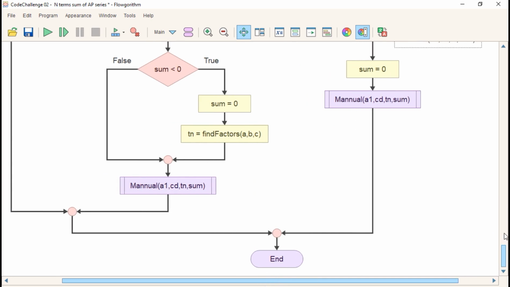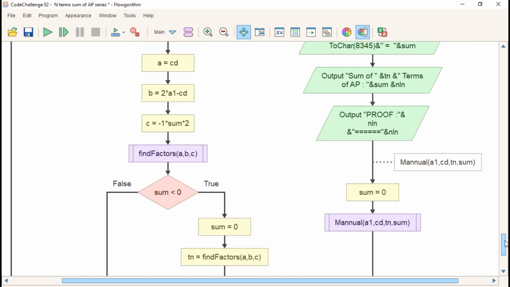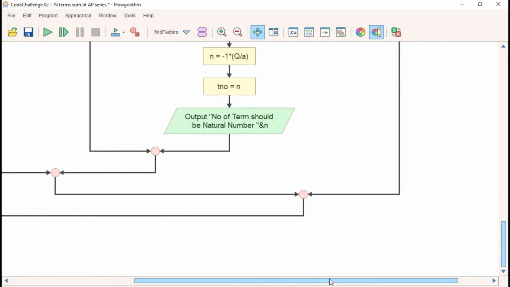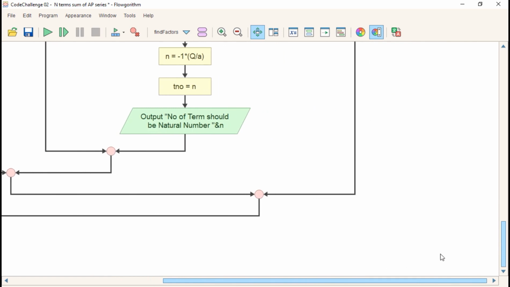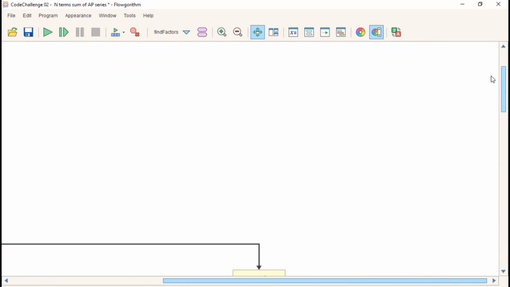The other if symbol finds the terms count when the sum of the first n terms is given. This section involves finding the solution to the quadratic function. For that it calls the find factors user-defined function with 3 parameters. From it, the program considers the positive integer as the terms count. After that, to prove the correctness of the terms count, it calls the manual subfunction to display term number, term value, and cumulative terms total in each row.